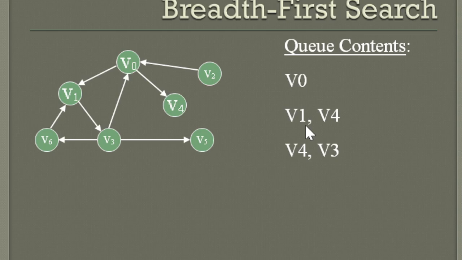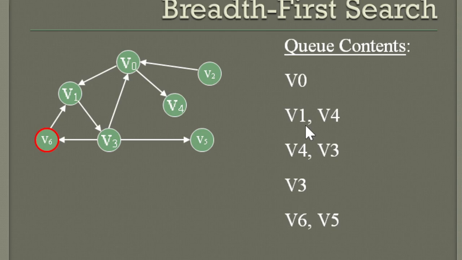Then consider V3. V3 is the third level. So all the third level nodes are visited. The adjacent nodes of V3 are V6 and V5. These are inserted into the queue. Next we consider V5 or V6.